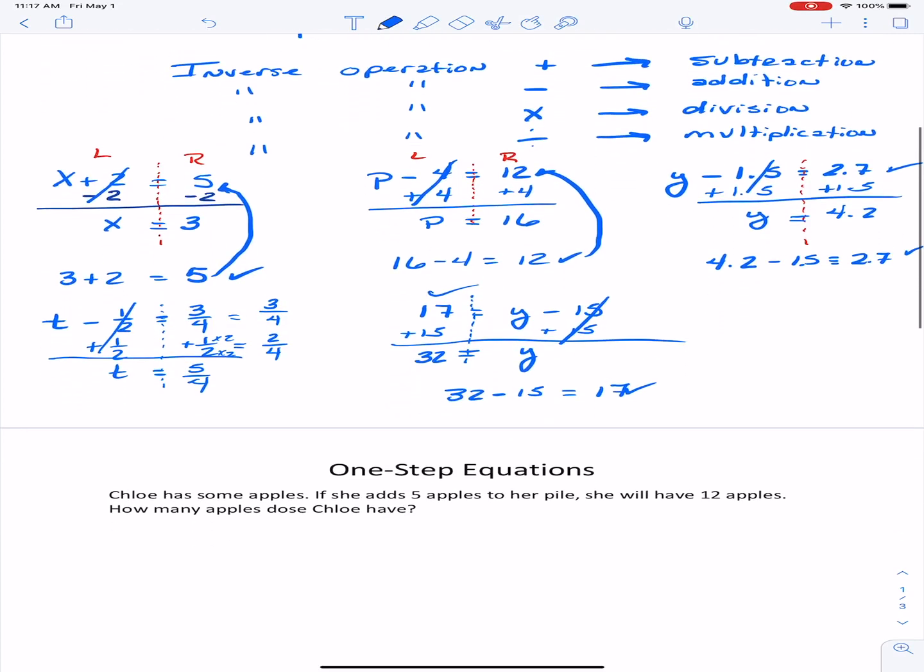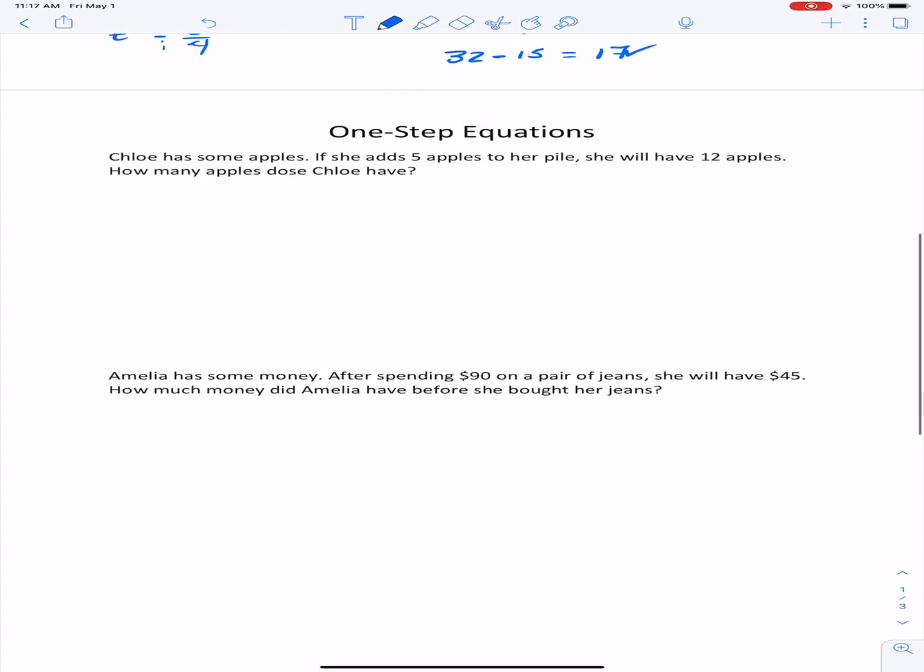So let's look at some word problems with one-step equations. Chloe has some apples. If she adds 5 apples to her pile, she will have 12 apples. How many apples does Chloe have? Now, in this case, they're not telling us a variable, so we're going to come up with our own variable.